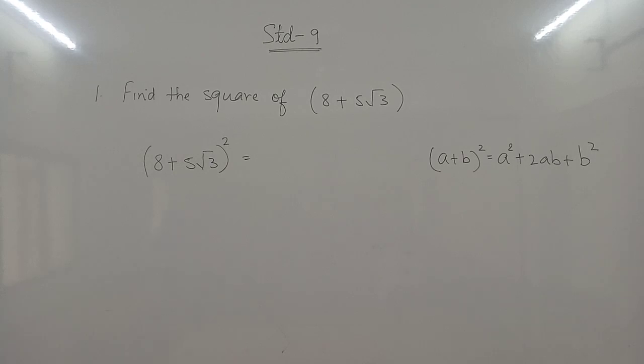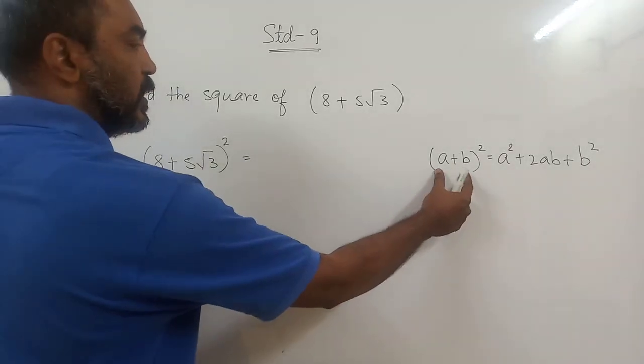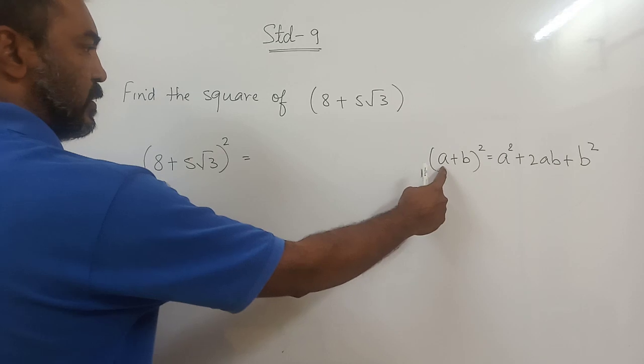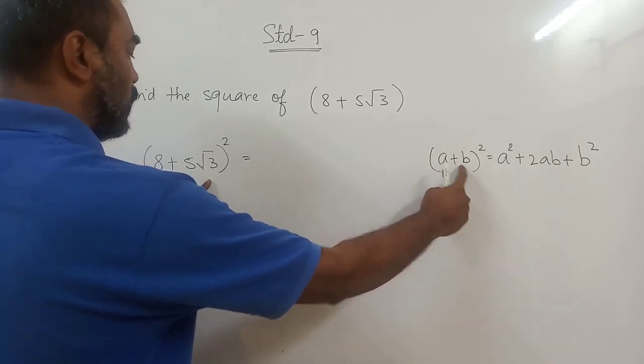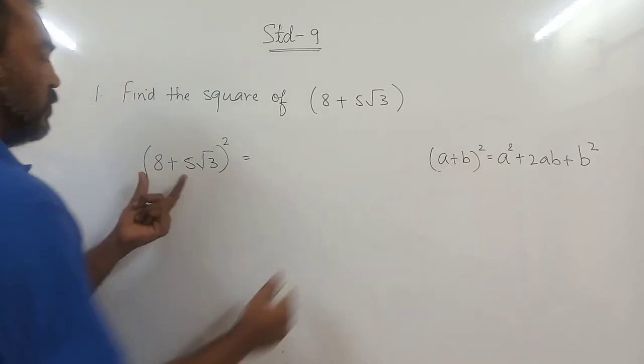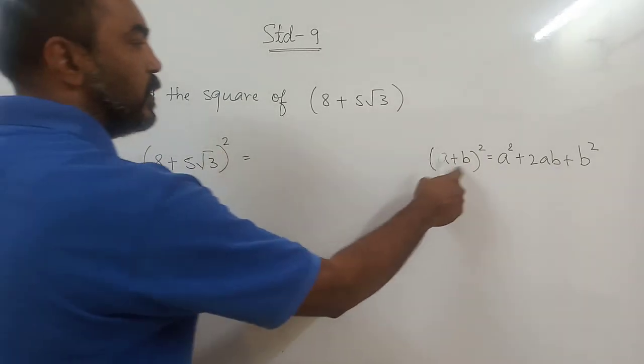Now using the identity, compare this bracket with this bracket. So our A is 8 and B is 5 root 3. Comparing, we got (8 + 5 root 3) square as (A + B) square.